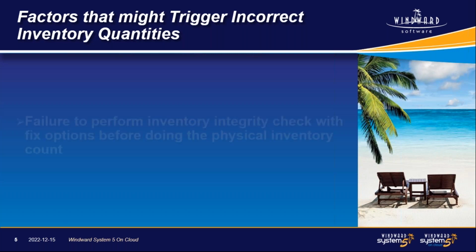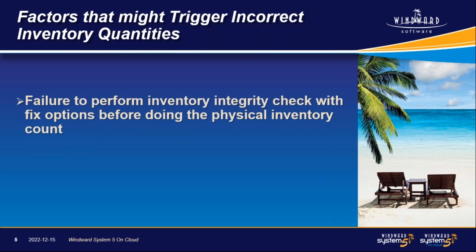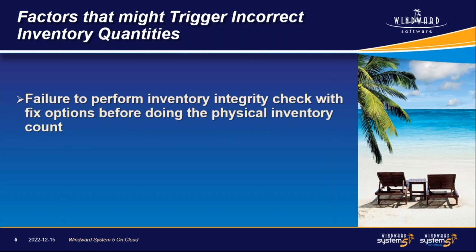First, we have failure to perform inventory integrity check with fixed options before doing the physical inventory count. Aside from creating a backup copy of your live data before doing the physical inventory count, you also need to run the inventory integrity check before the physical inventory count.